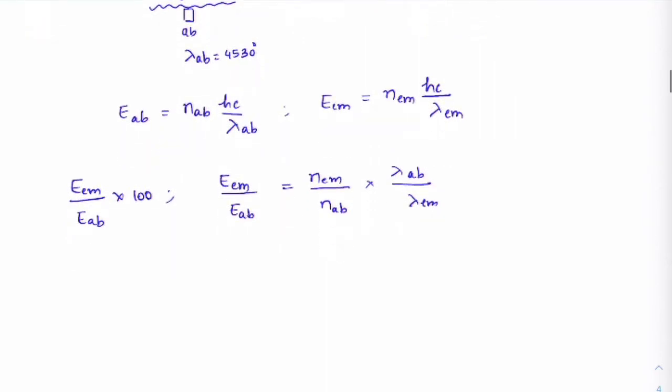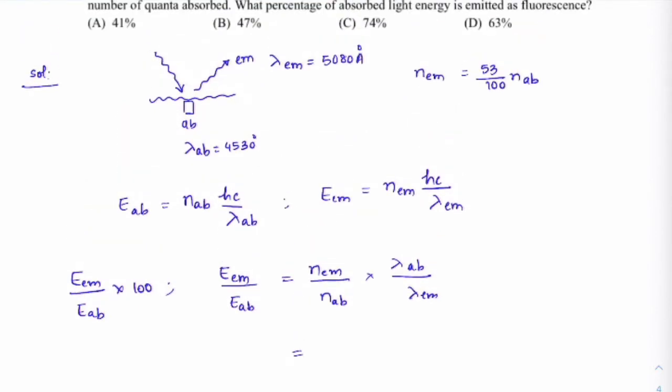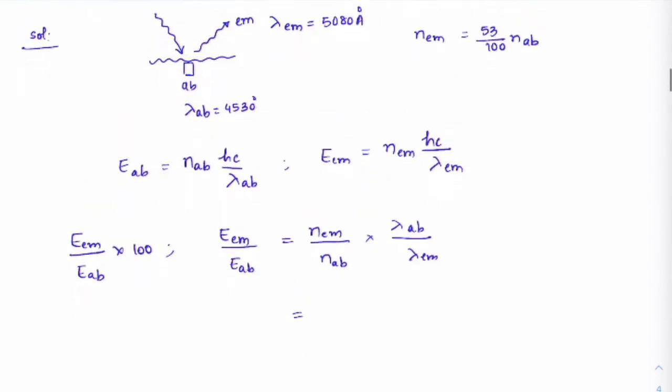N_em by N_ab is 53 by 100, multiplied by lambda_ab, which is given as 4530, and lambda_em 5080. Okay, so when you solve this, it is coming around 0.47.